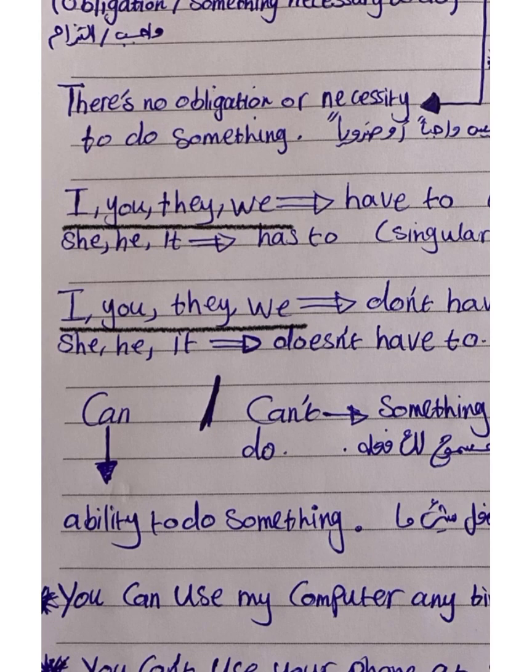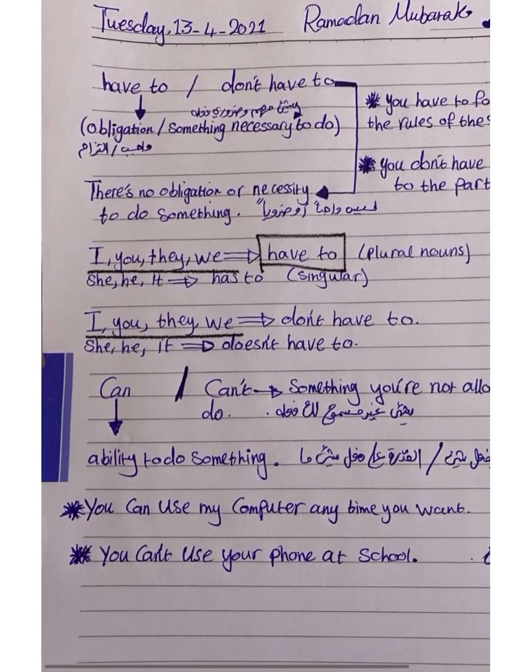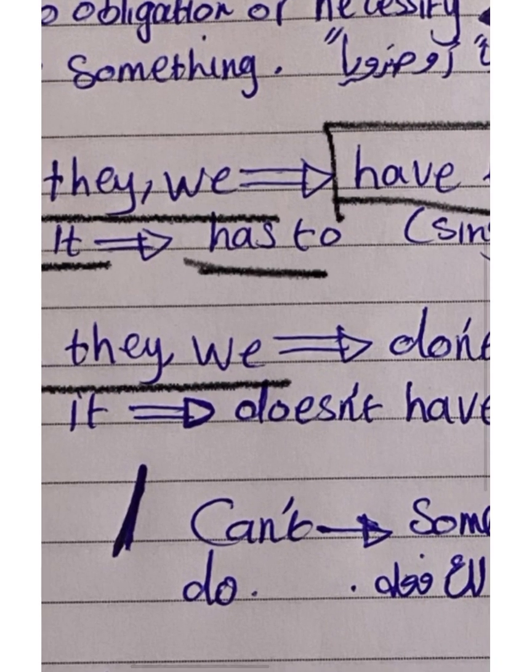I, you, they, we take have to. Plural nouns take have to. That's why they take have to. As for she, he, and it, they take has to.